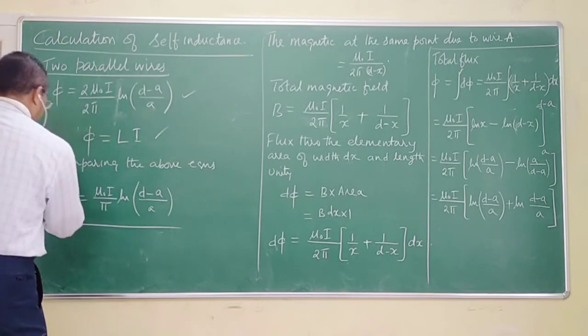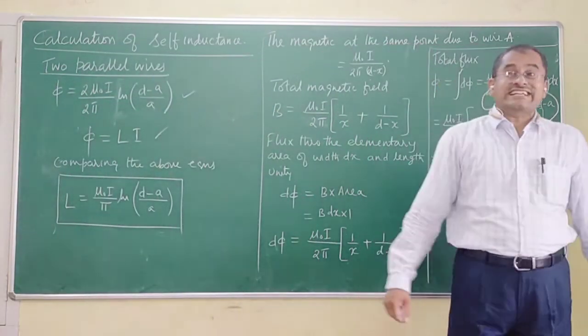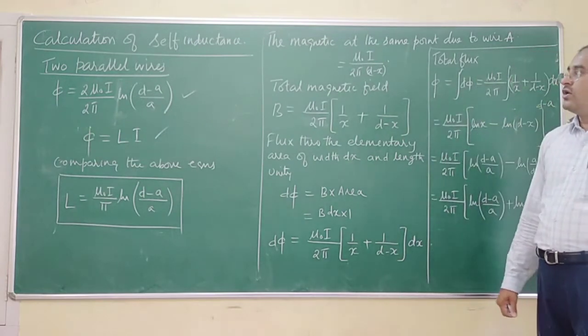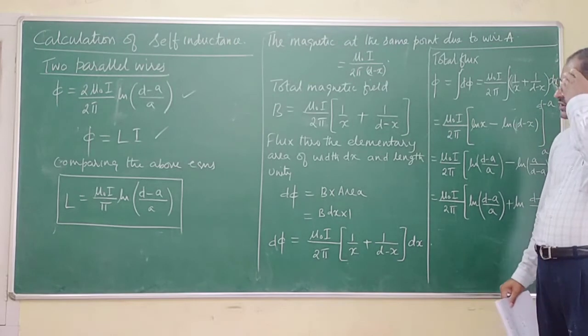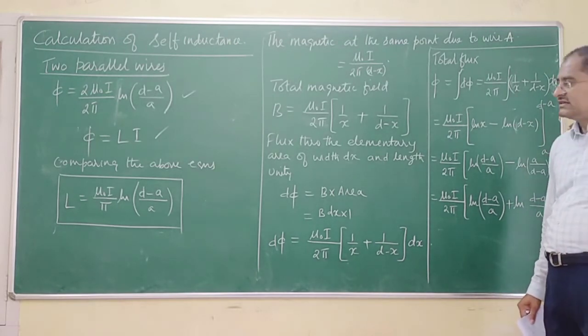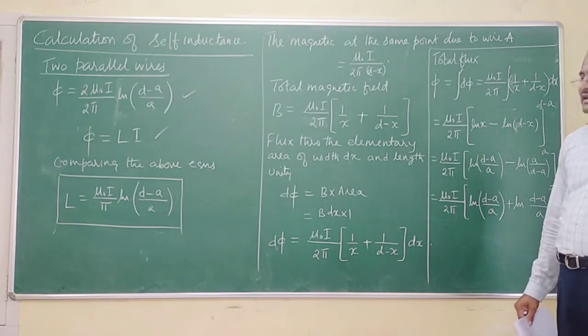That will give me the coefficient of self-inductance of two parallel wires. Mu naught is the permeability of free space, I is the current, d is the distance between the two wires, a is the radius of the wire.